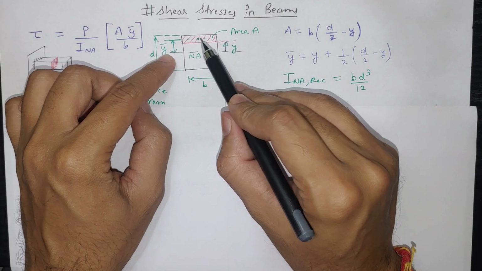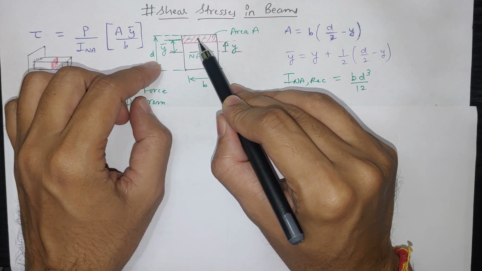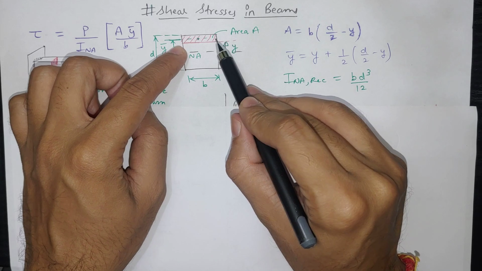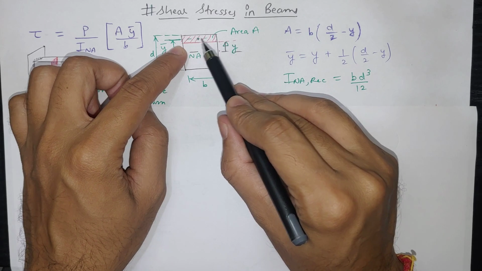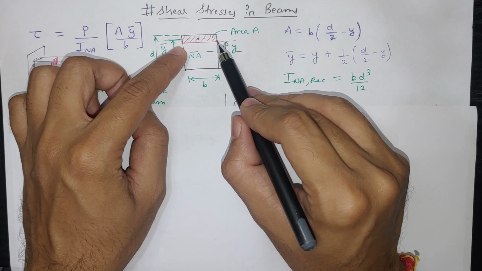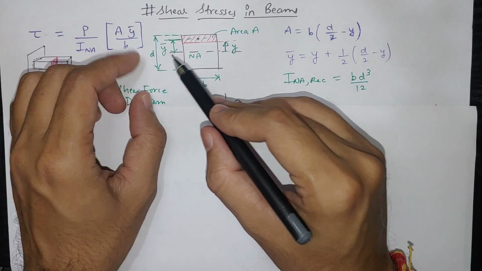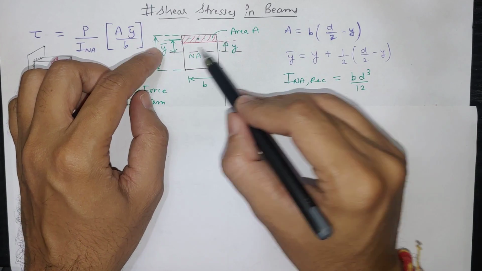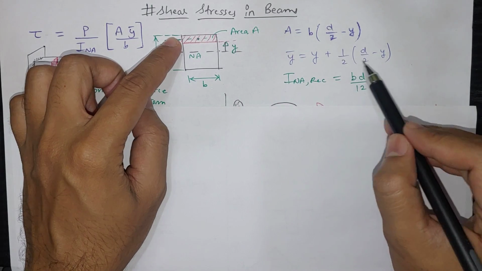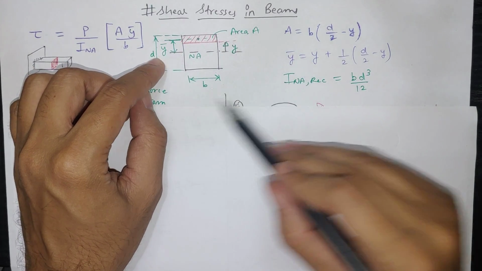And y bar, if we want to find the center point, then we take first y, and we have to add half of this distance. We know this distance is d by 2 minus y, and half of that we have to take. So y plus half into d by 2 minus y. So this is how we have to calculate y bar.